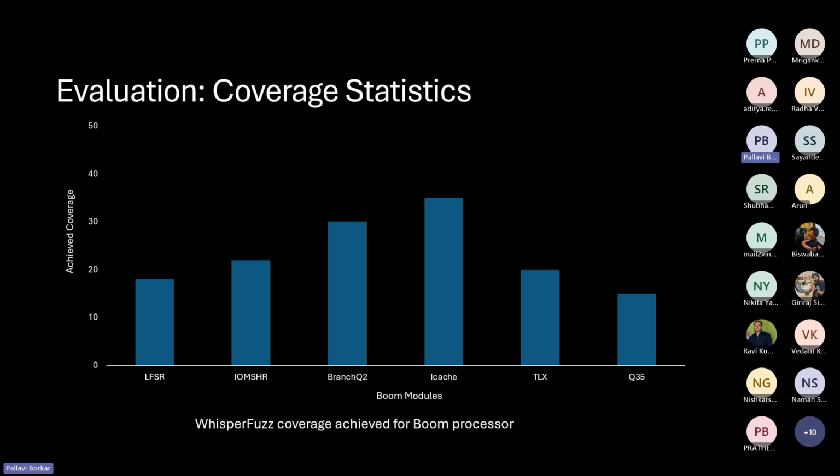If we are able to use this coverage as feedback and give it back to the fuzzer, we would be able to get higher coverage. But currently, what we wanted to show was that our work is compatible with various off-the-shelf fuzzers that anyone would want to use. Got it. But there is still scope for making it better, right? Yes, yes.